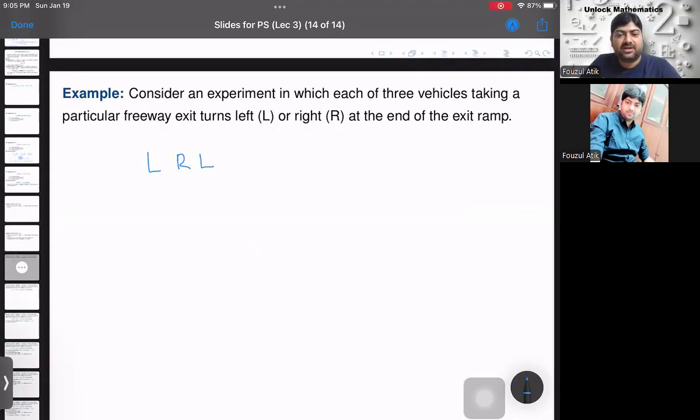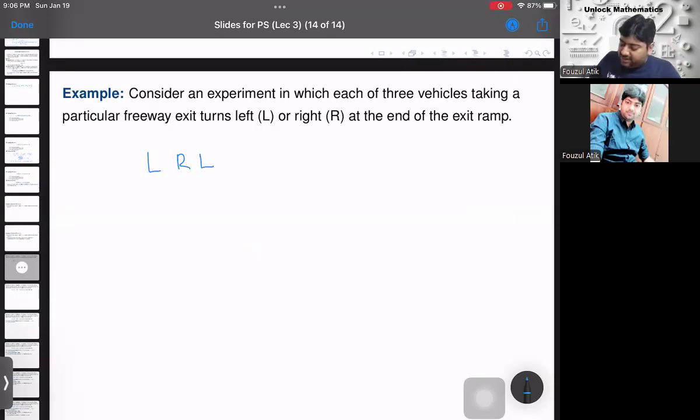Now think about what all the possible outcomes are. That means in this case, what is the sample space? So pause the video, think about it, first count how many such possibilities there are, and then write down the sample space, maybe in your notebook or in the comment box.